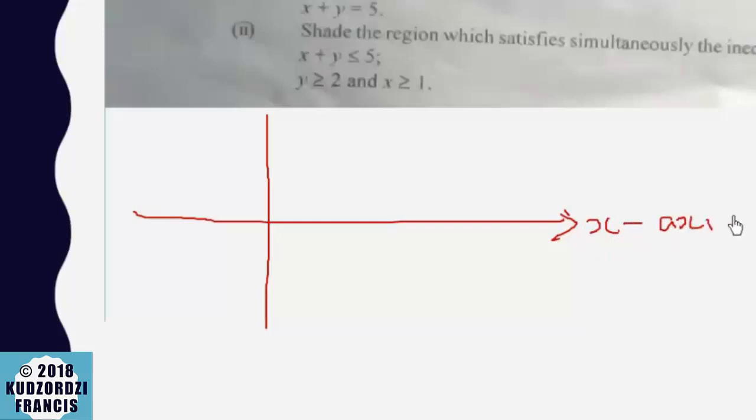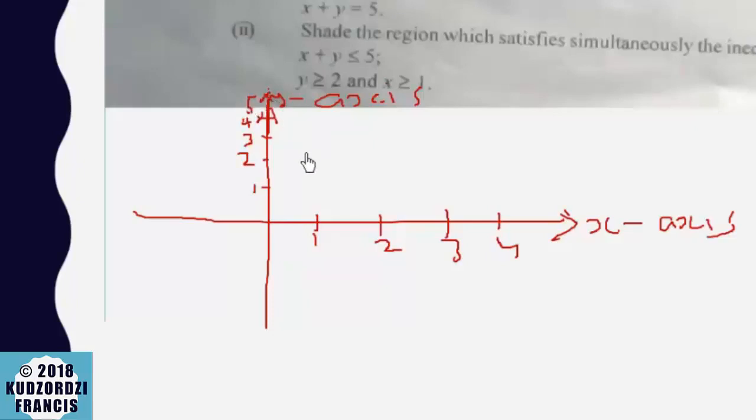This is the x-axis, and this is the y-axis. So we label this 1, 2, then 3, then 4. And this one is from 1, 2, then 3, 4, then 5.